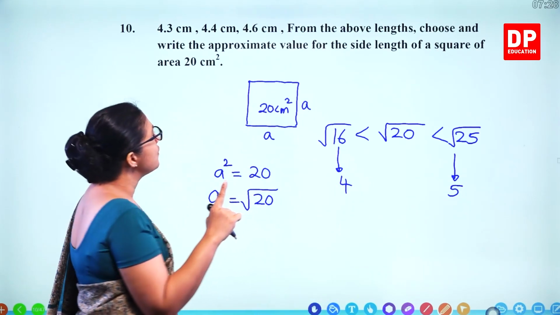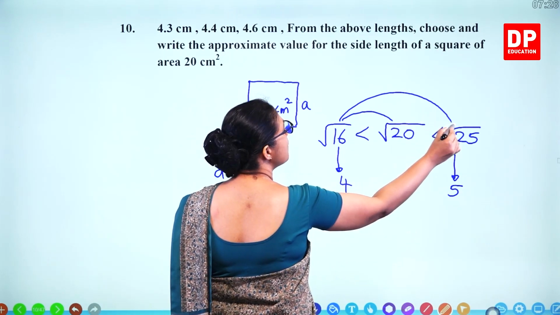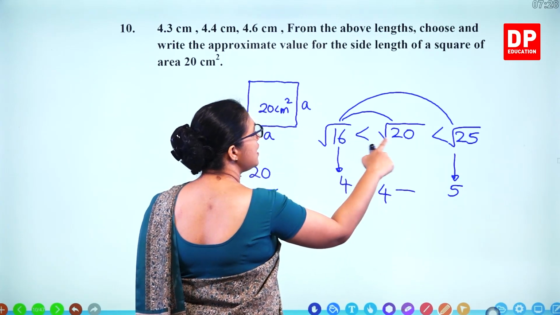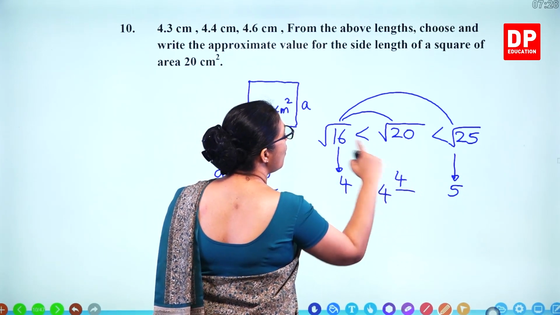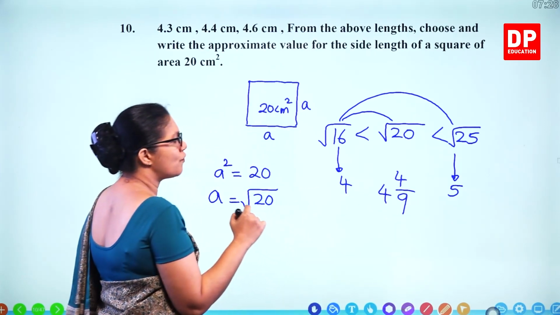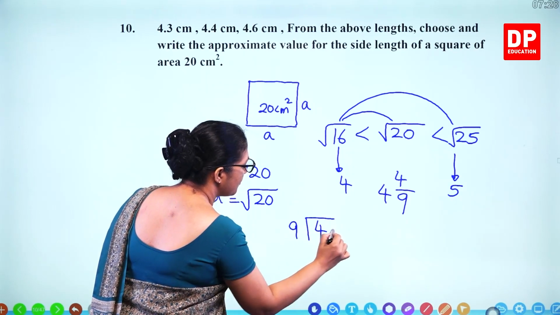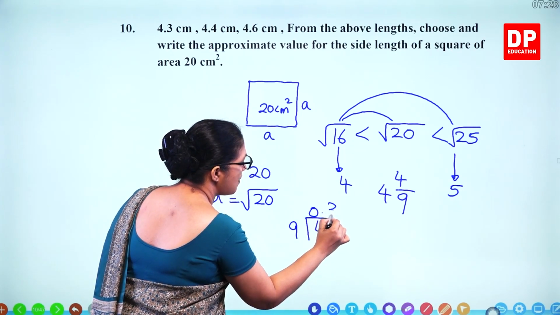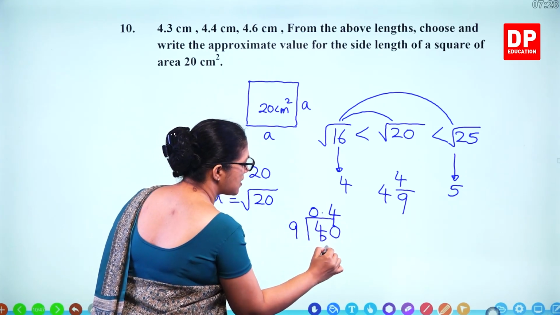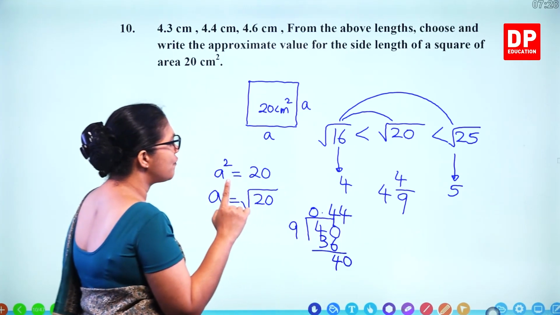So how you find out the decimal? So we take the difference here and this difference. So 4 point something you are getting. How to find out the fraction? Difference here is 4. What about this difference? 9. So 4 over 9 roughly. What's the value? 9 times 3. Not 9 times 3. 9 times 4. 36. And this is also 4. So 0.4 something.